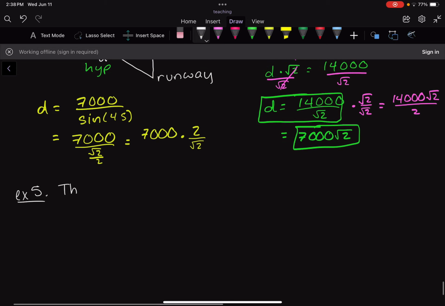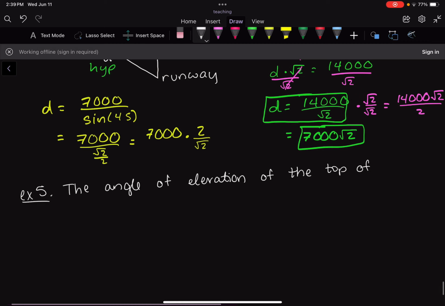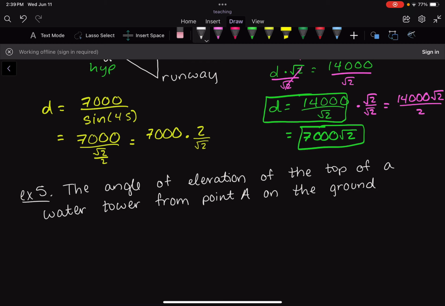So it says the angle of elevation of the top of a water tower from point A on the ground is 19.9 degrees.